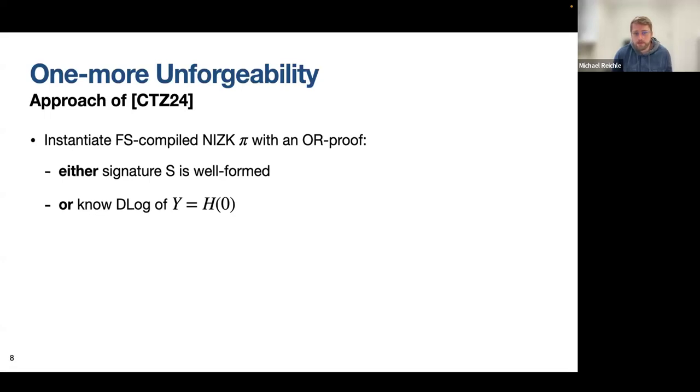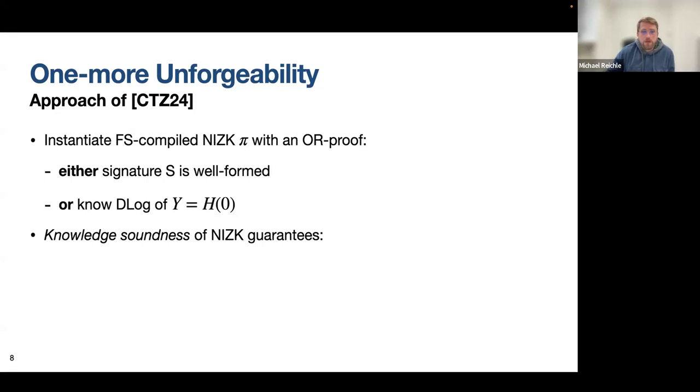So what they do is they prove that either the signature is well formed, or the prover knows the D-log of some public key element Y. This gives a simulation branch with which we can later on simulate signing, even if we don't know the signing key for S.